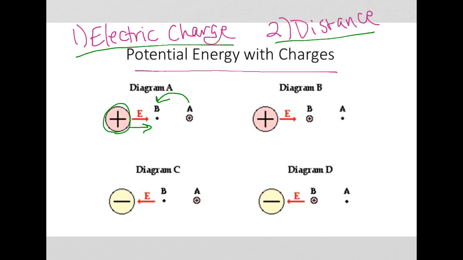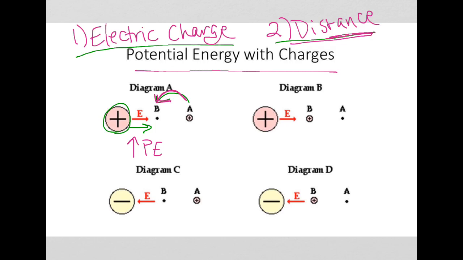And so moving the positive test charge here from A to B will ultimately increase it in potential energy based on its distance from the object. It does not want to be at B, therefore work has to be done to move it from A to B, and that work is then stored in the object as potential energy.